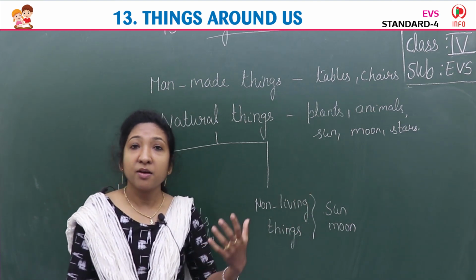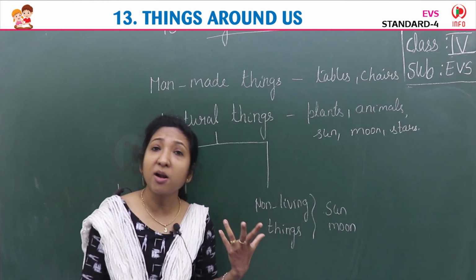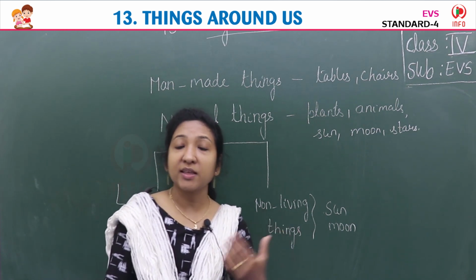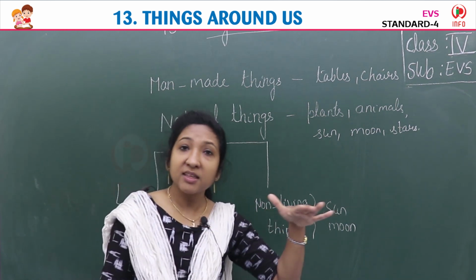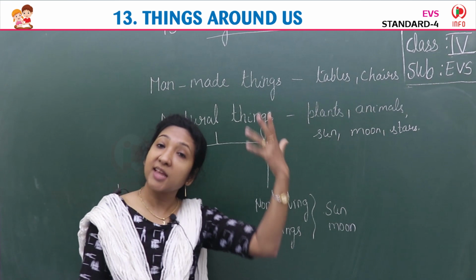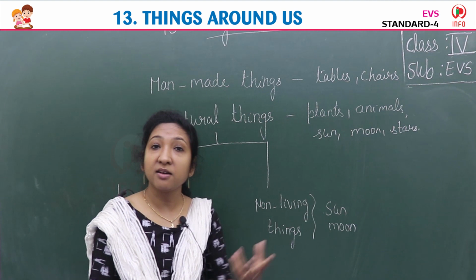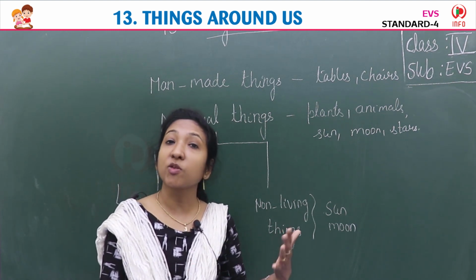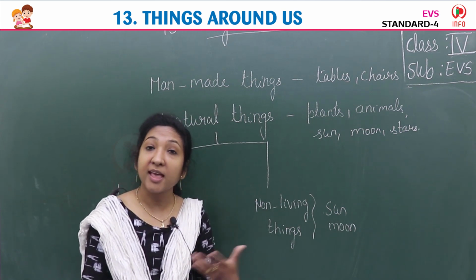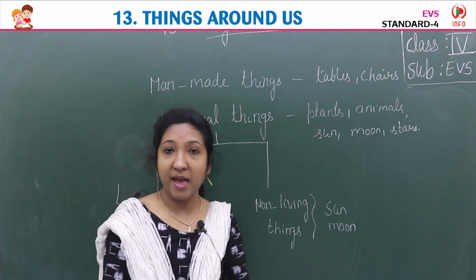Man-made things are like ball, bat, chairs, table, pen, pencil, etc. And natural things are like plants, trees, sun, moon, stars, stones, soil, water. They are not made by man.